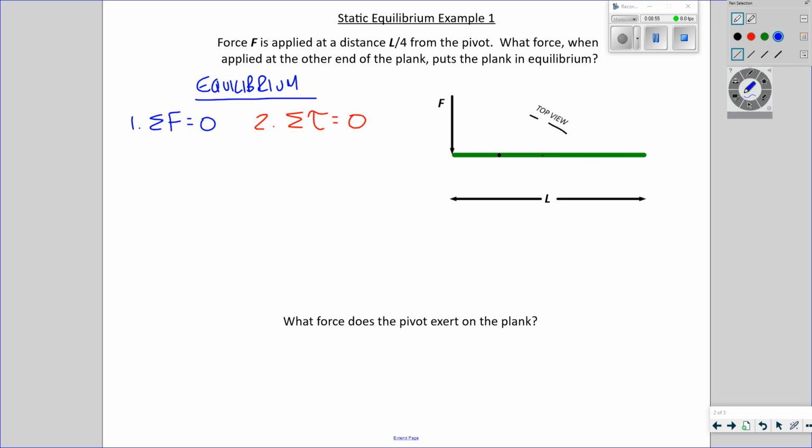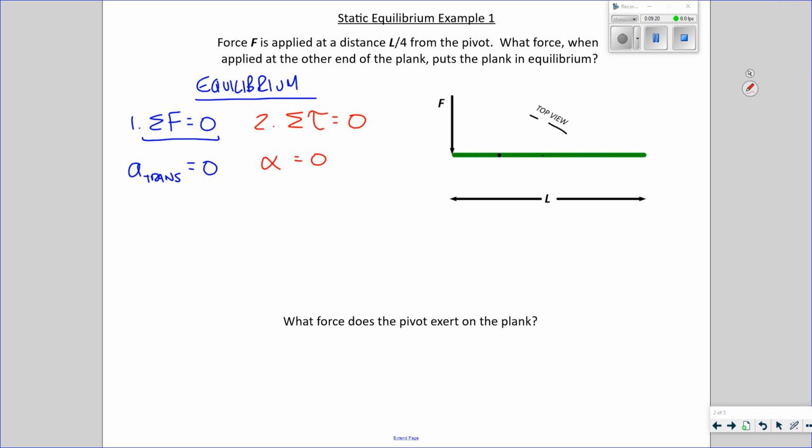This means that the translational acceleration is 0. An object won't accelerate along a path. This means that alpha equals 0, or this thing will not accelerate rotationally.